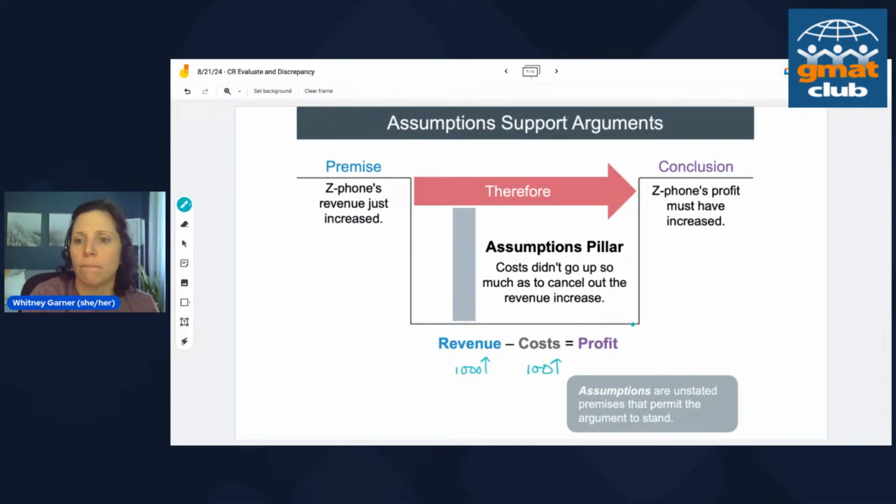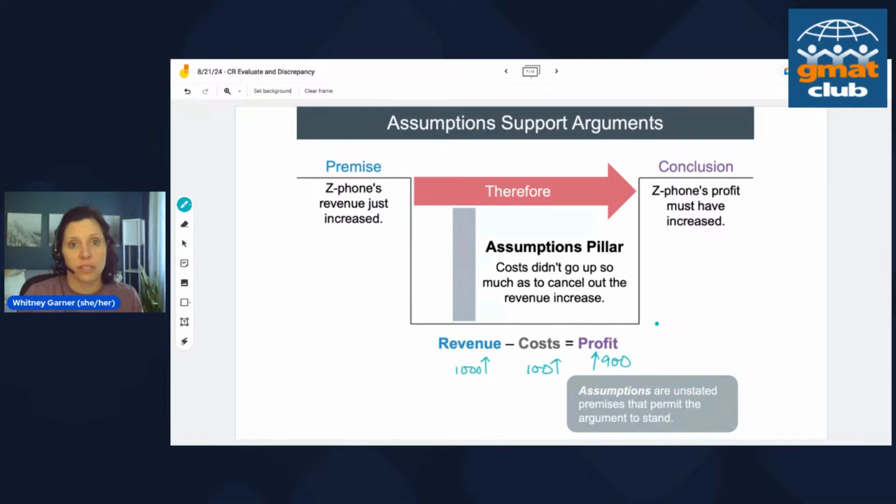What would have happened to my profit in this case? Yeah, my profit's still going to go up, right? My profit would go up $900.